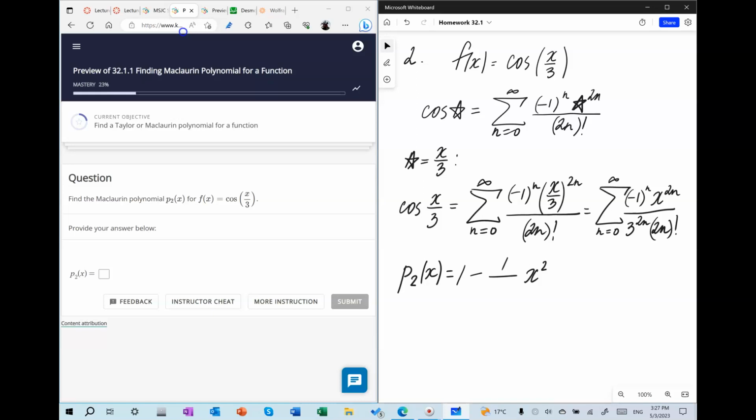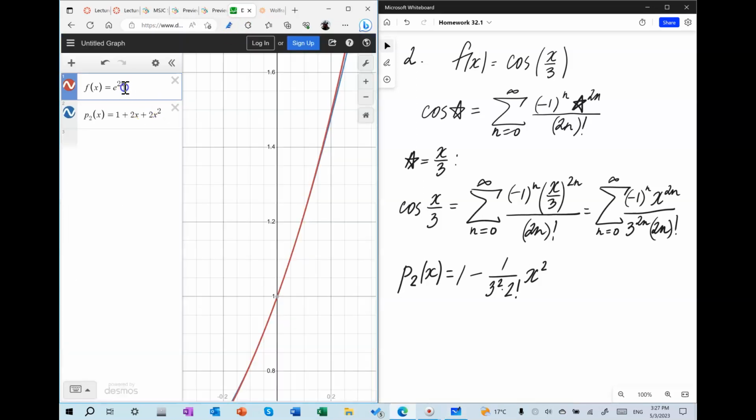The first power is going to be missing pretty much. And here we have 3 squared times 2 factorial. So again, to check your answer, you can always just graph, just to see what's going on.